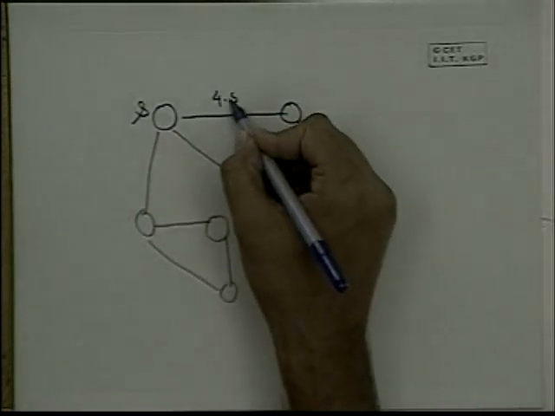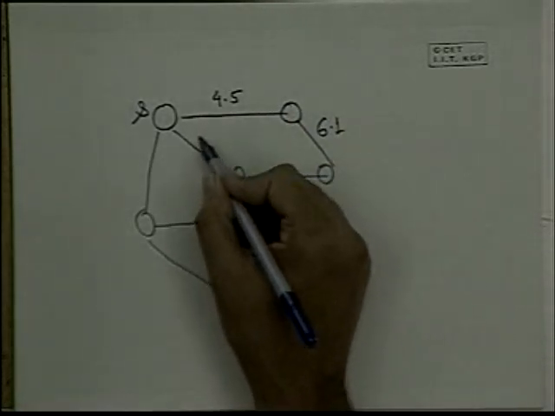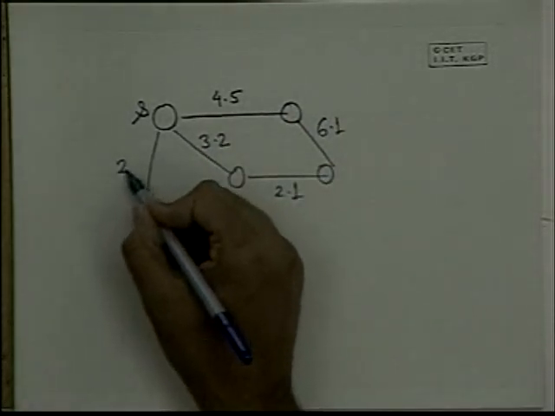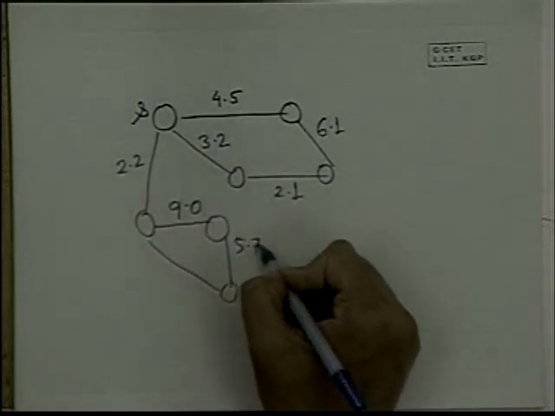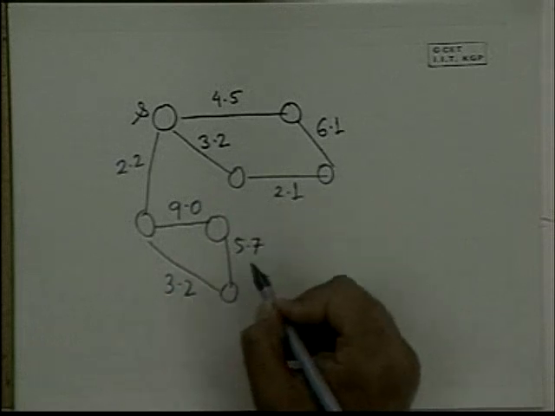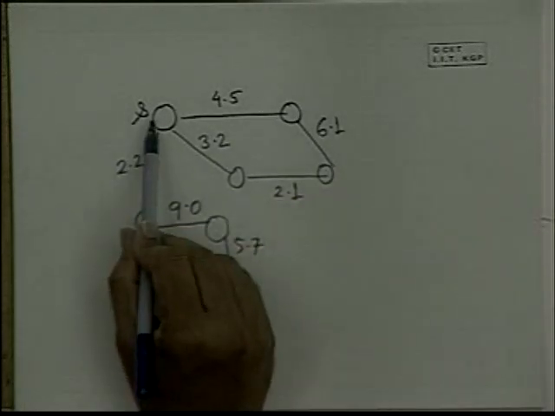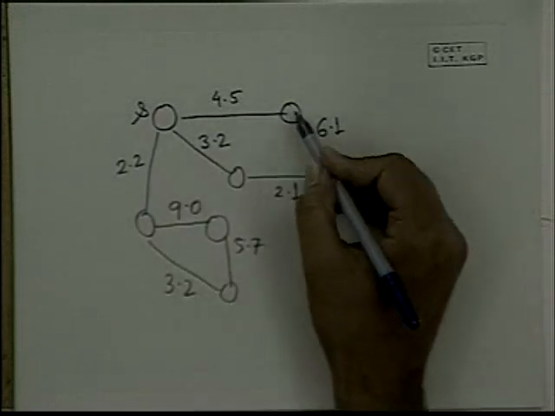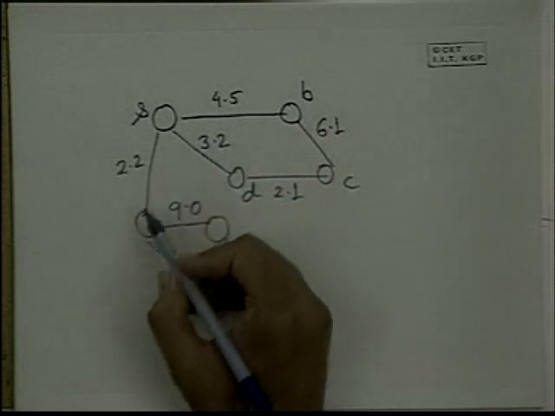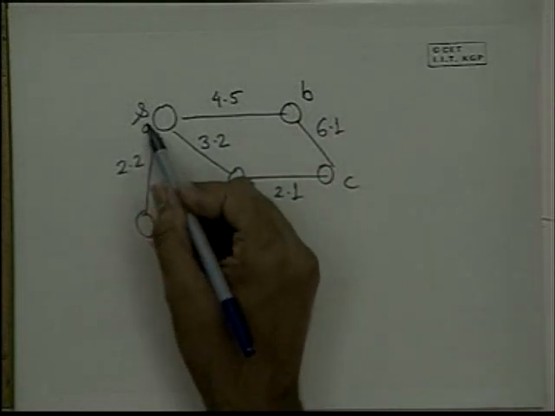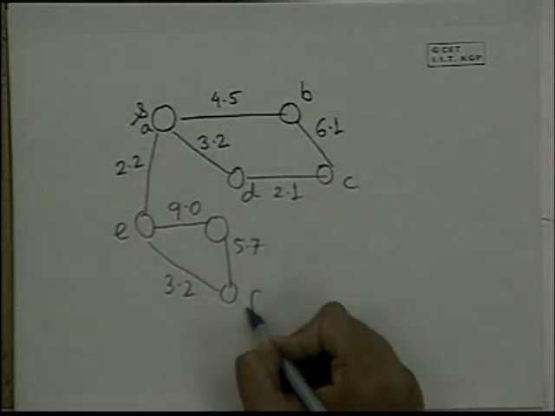The edge weights are 4.5, 6.1, 2.1, 3.2, 2.2, 9.0, 5.7, 3.2. I'm just choosing one arbitrary graph. Suppose this is S, and the other vertices are A, B, C, D, E, F, say this is G.